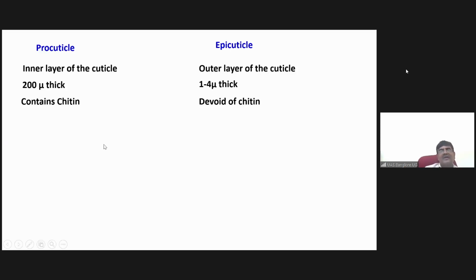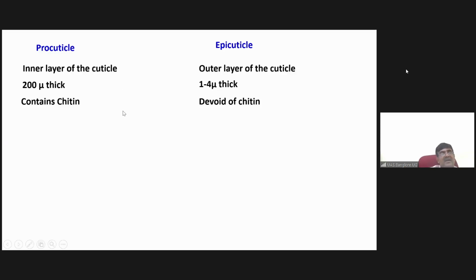In terms of thickness, the procuticle is the thicker layer, measuring around 200 micron, whereas the epicuticle is a thinner layer measuring around 1 to 4 micron.